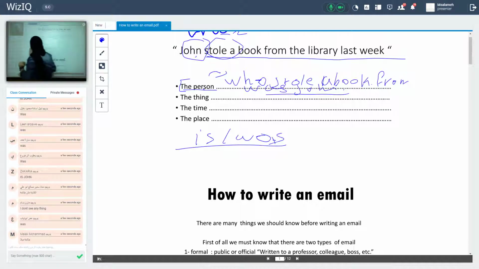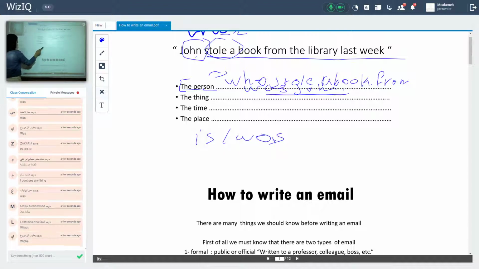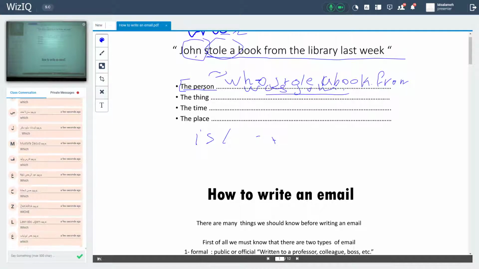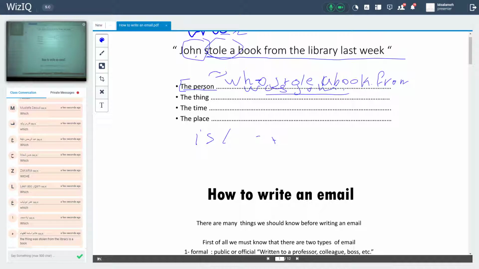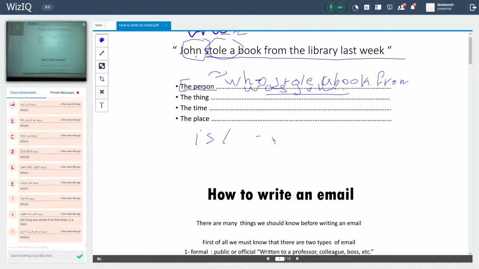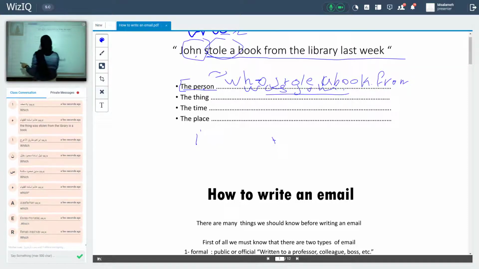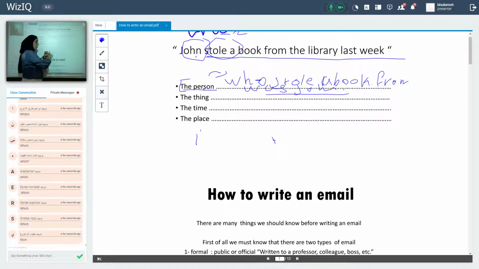Now the thing. Who wants to answer it? Try to write the whole sentence. Abdurrahman, excellent. Lian, excellent. Okay, the thing I can use with which or that.